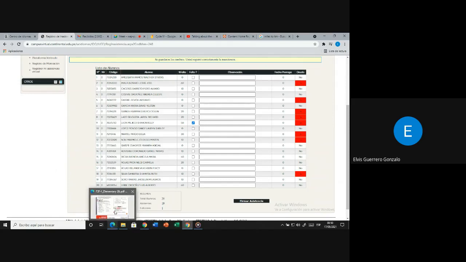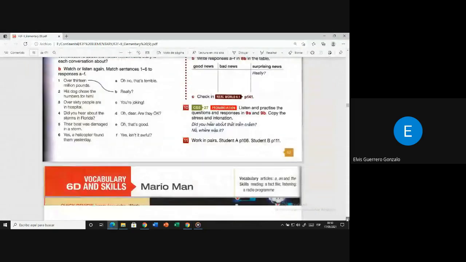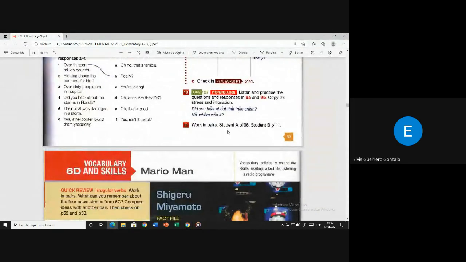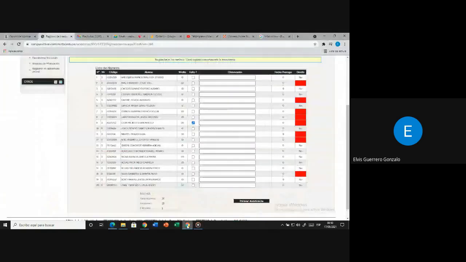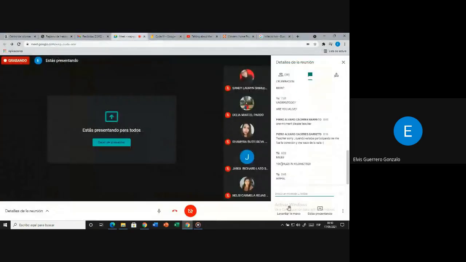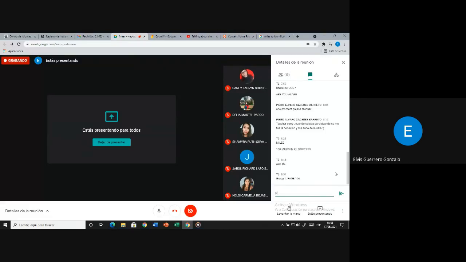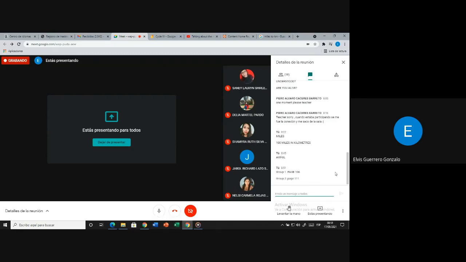And now, this is the activity. Group 1, page 106. Group 2, page 111.